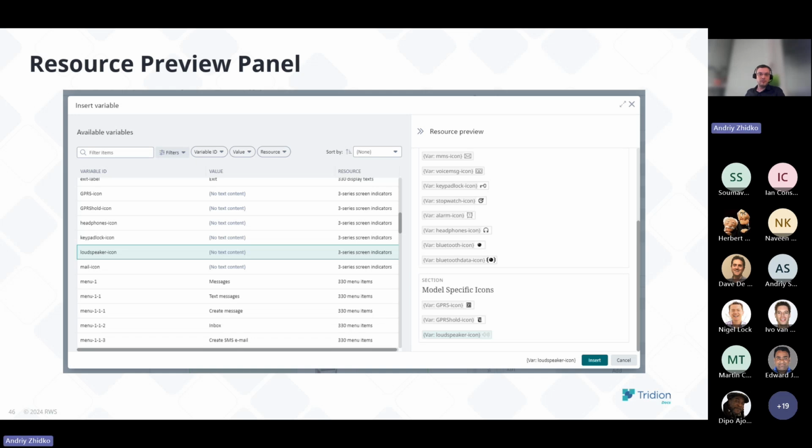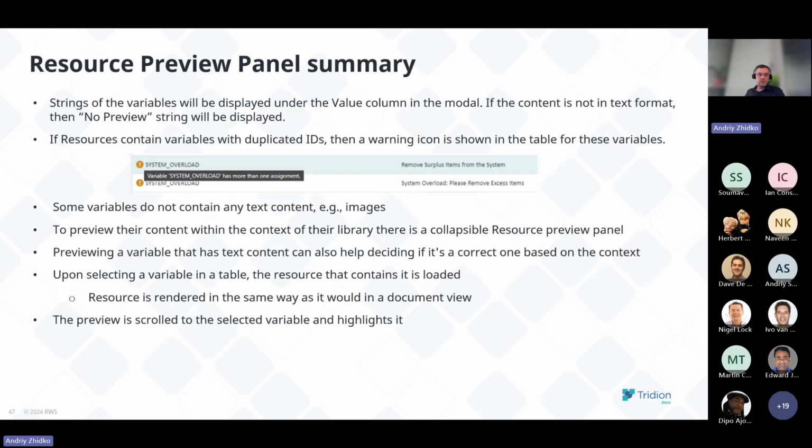I will explain the behavior and the UI around this resource preview panel during the presentation. This is more descriptive information of what I explained as part of the previous slide.